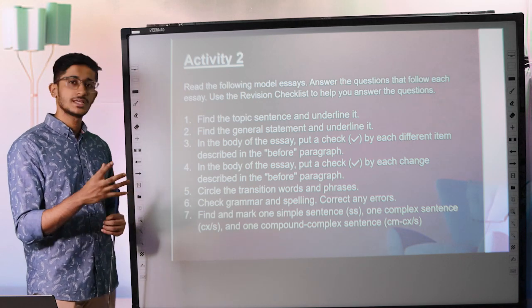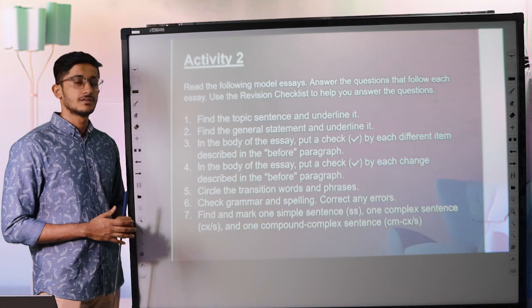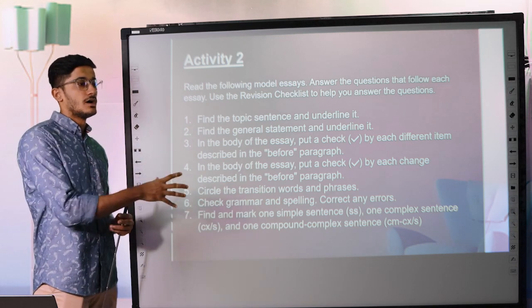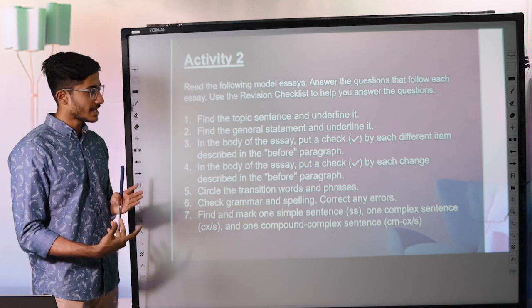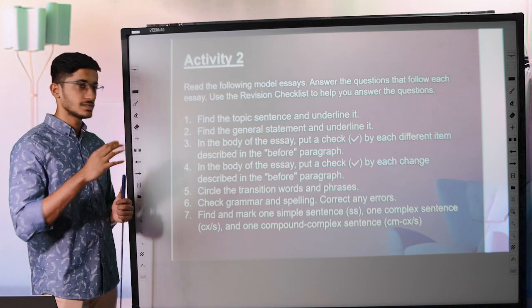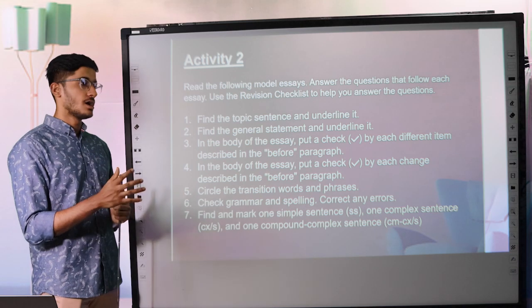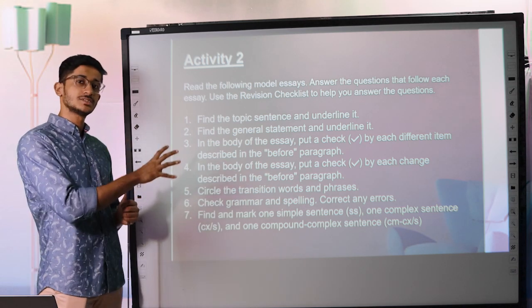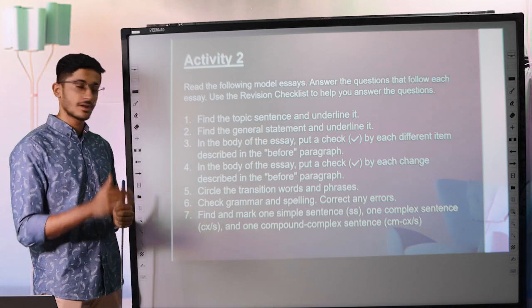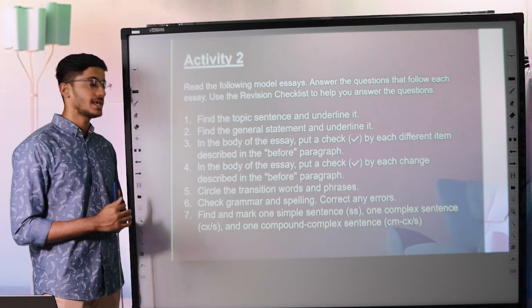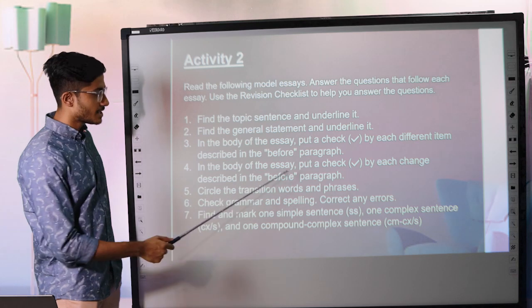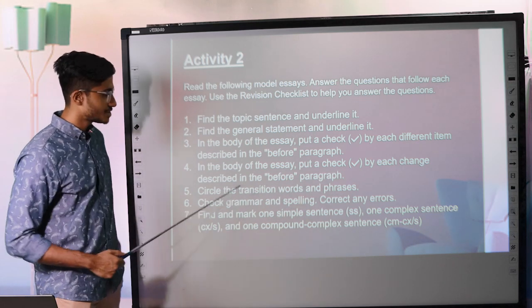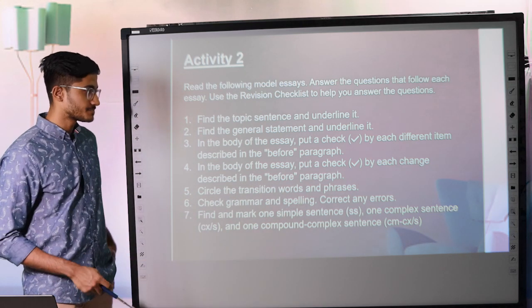So here, everything that they identified, that for example, before this room was in this area, but now this room is in that area. So wherever they mention the change that has been made from the before snapshot to the after snapshot, wherever there is a change being made to the place, you put a tick there. In the body of the essay, put a tick by each change described in the before paragraph.